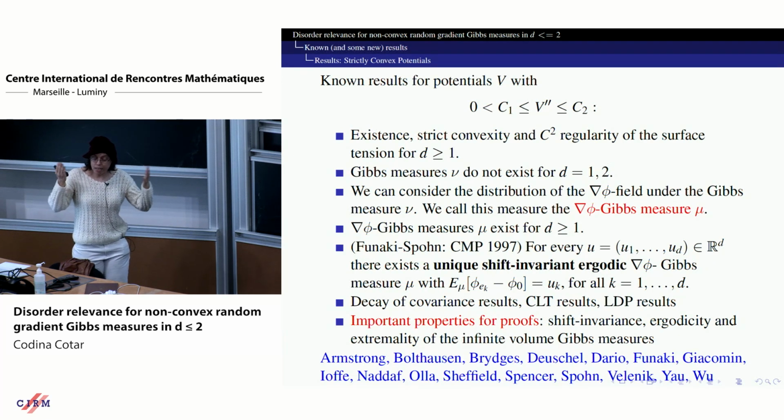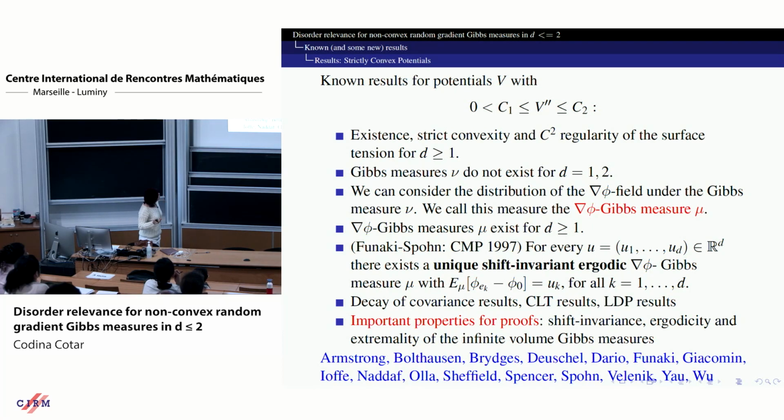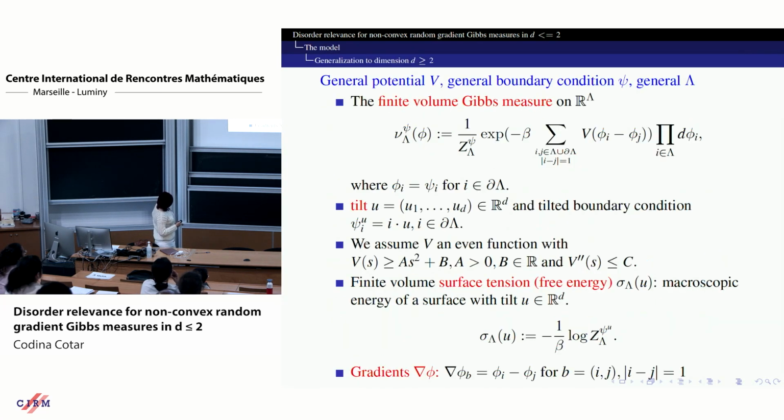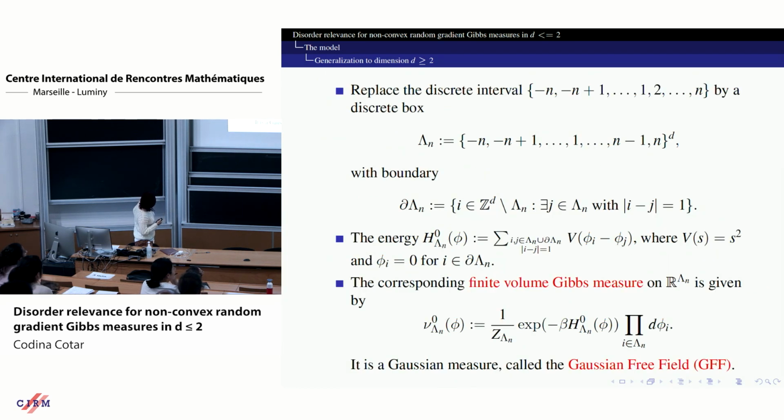So then the next question is, can I define some kind of object for which some sort of infinite volume Gibbs measure will exist in dimension 1 and 2? And it turns out that you can. This is connected to the gradient nature of our models.